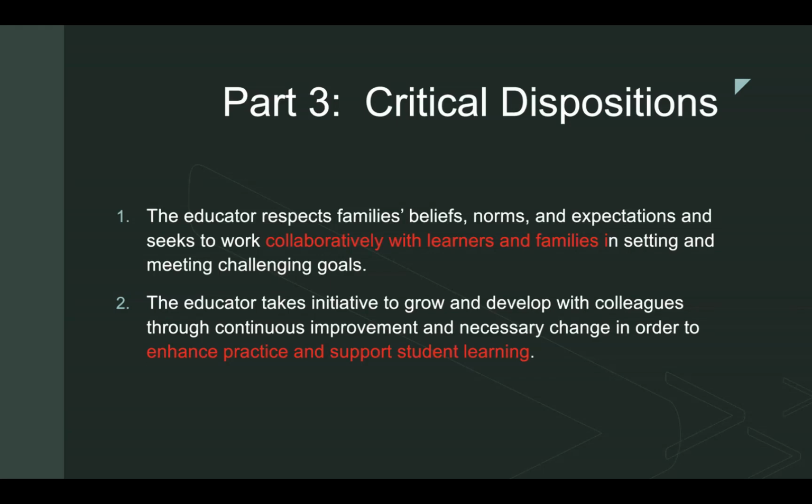How are they supporting student learning? Through continuously improving, through taking initiative to grow and develop as a teacher along with their colleagues by trying to continuously improve so that they can make changes in order to enhance their practice and to support their student learning in a more effective way.